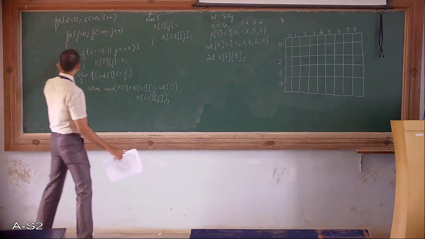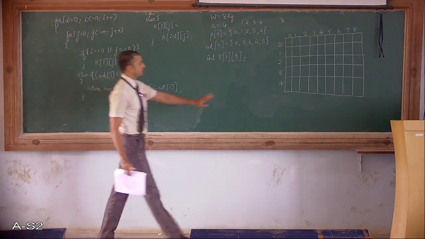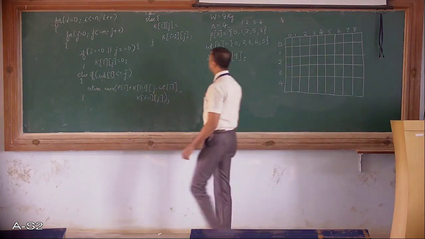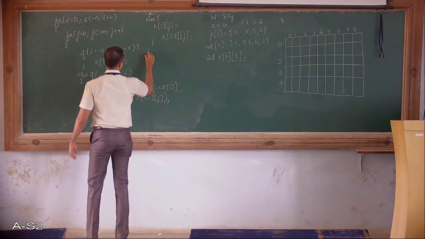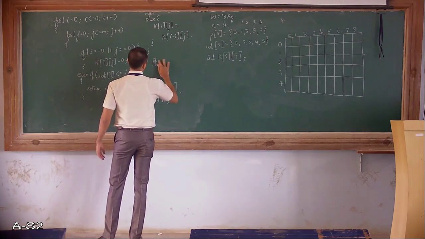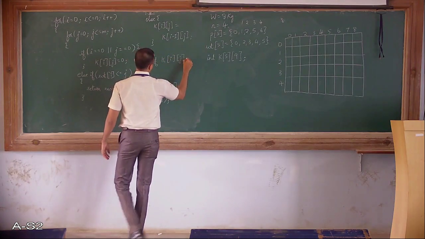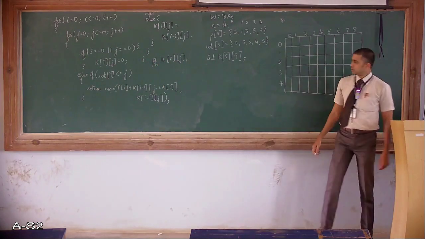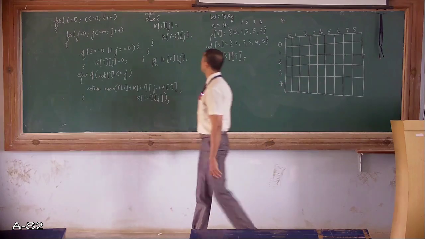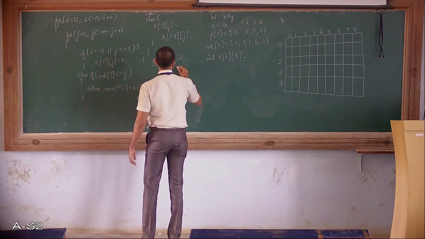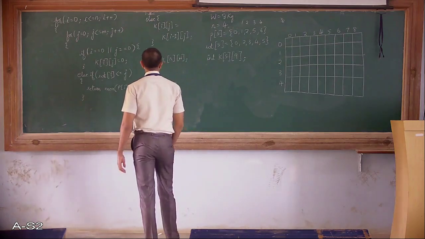This code is for filling values in this table. After these values are filled, I'm going to say printf K of i comma j, or you can say NW, K NW.